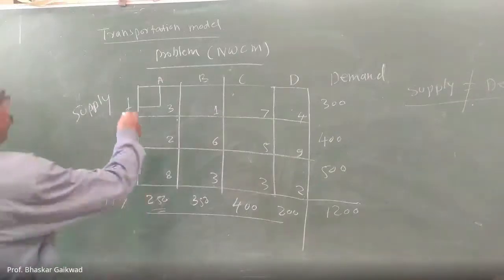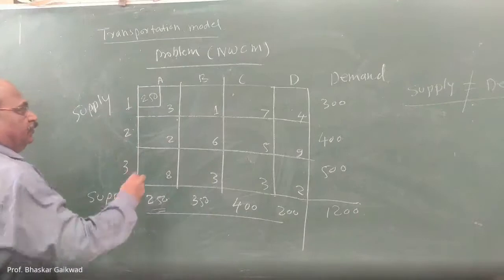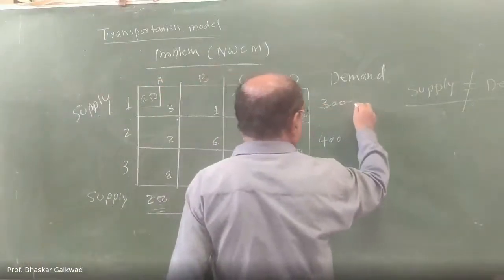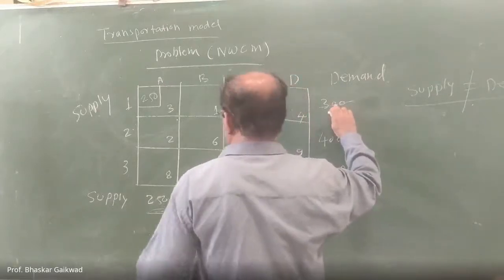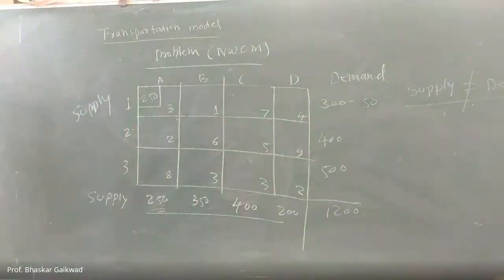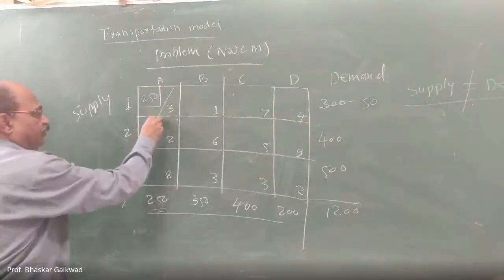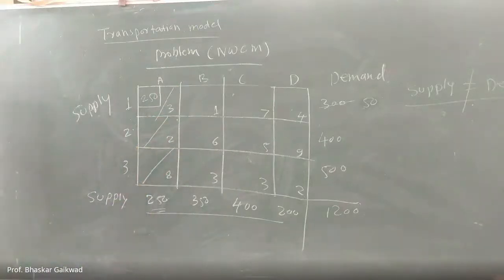So here it is 250. Subtract this 250, and 50 will remain. Then this column you have to remove. Right.